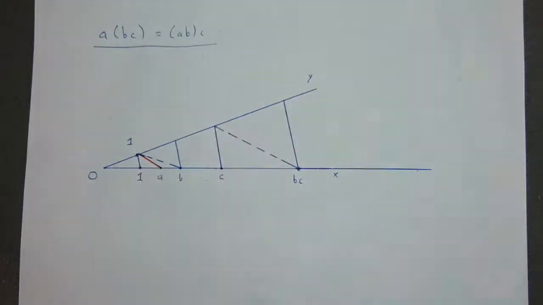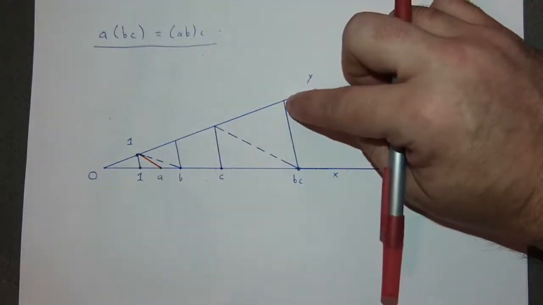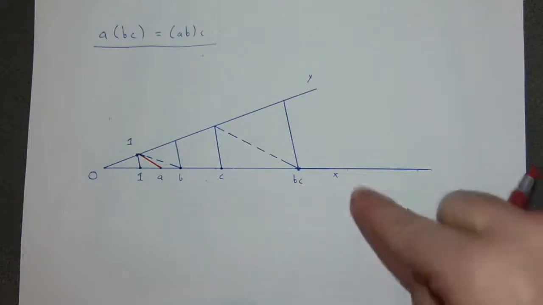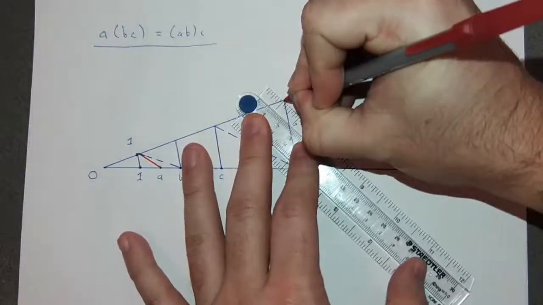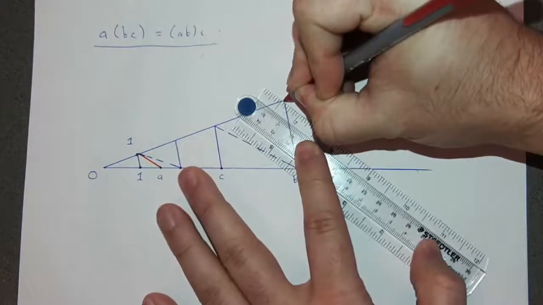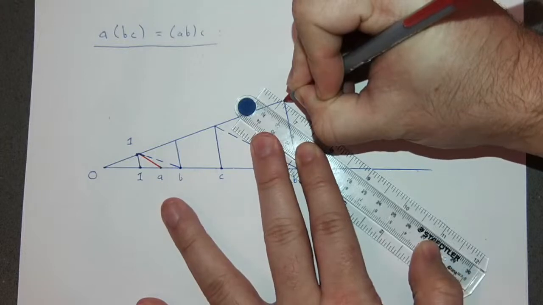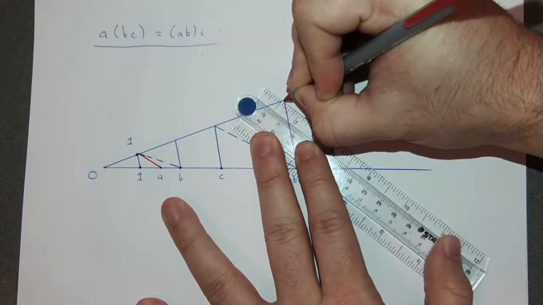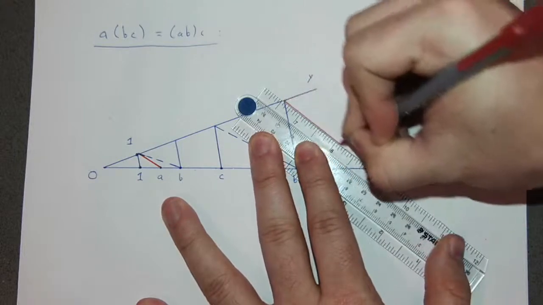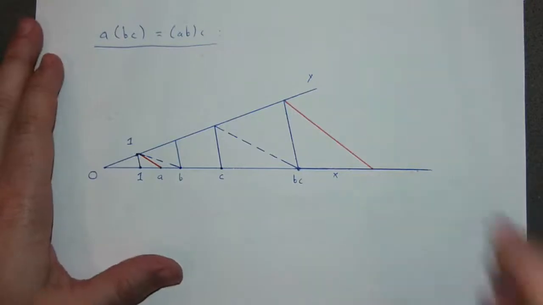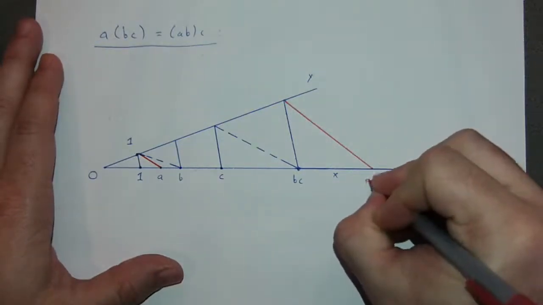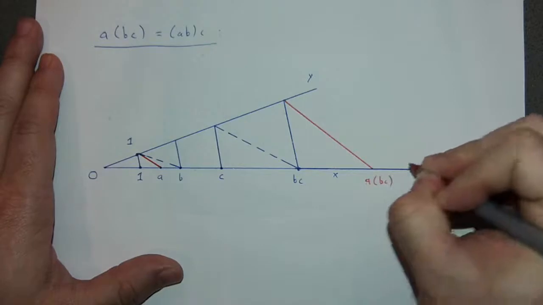Now I want to draw in a line from this intersection point on the y-axis to some point on the x-axis, this line is going to be parallel to the other solid red line. Okay. And so what does this construct? This constructs A times B times C.